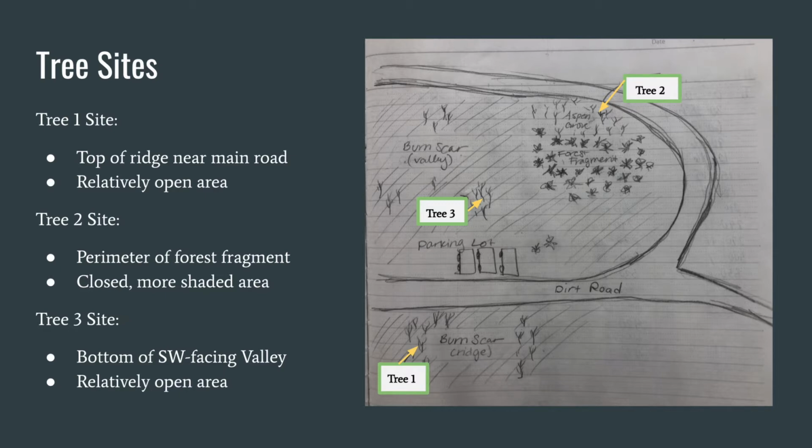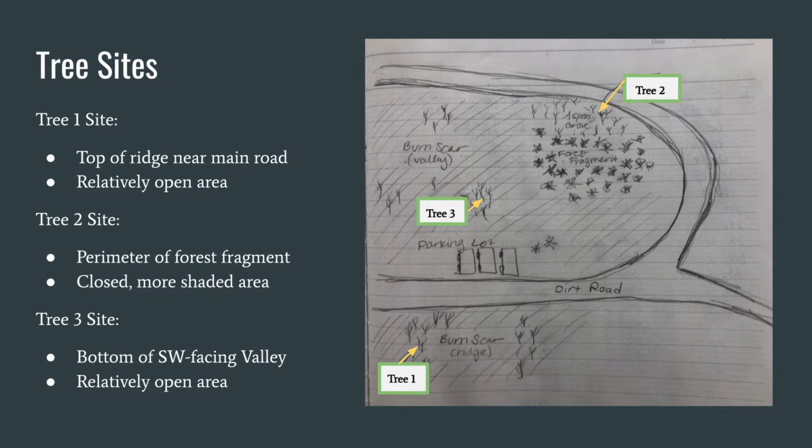Tree 1 is located at the top of the ridge, so due to gravity, the precipitation will run down to the valley with nutrients. As a result, the ridge usually doesn't have a lot of nutrient and water resources for the trees to grow. And the lucky tree 2 and tree 3 grow in the valley, so they get relatively a lot of water and nutrients.